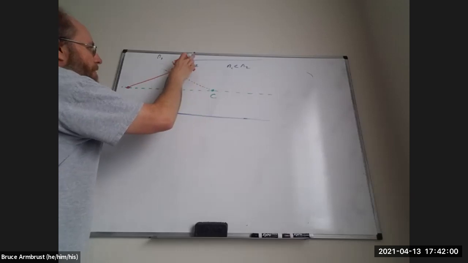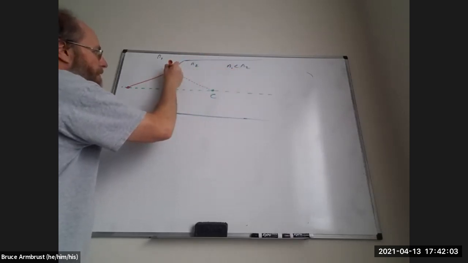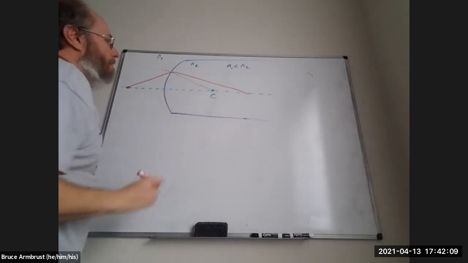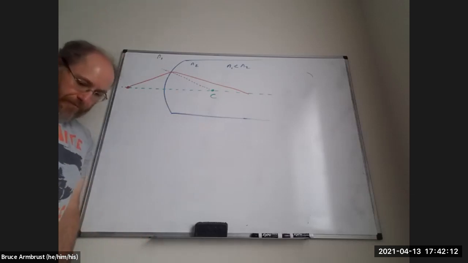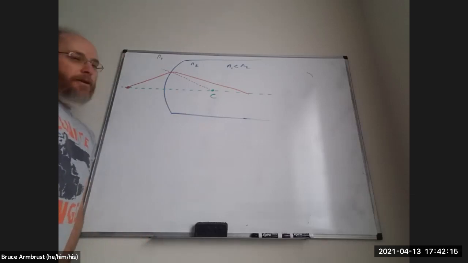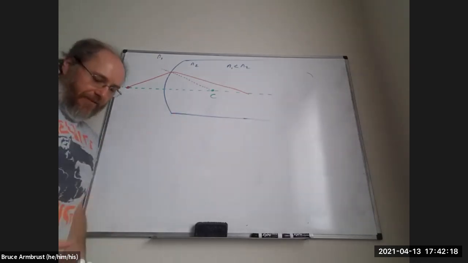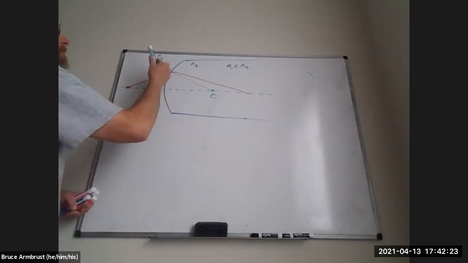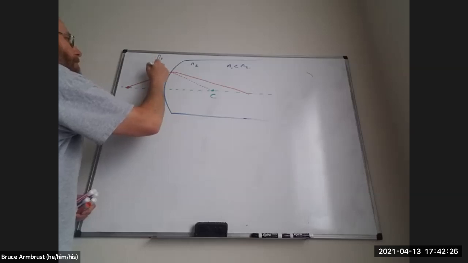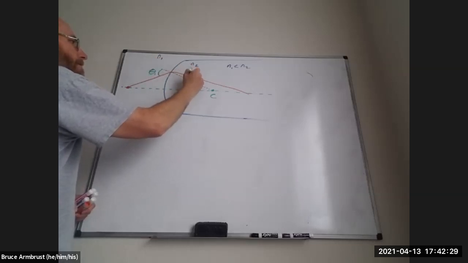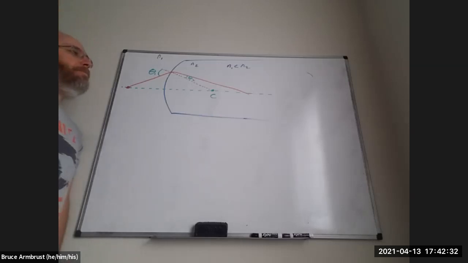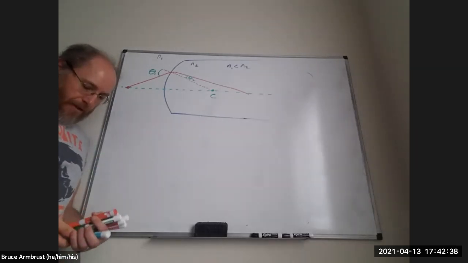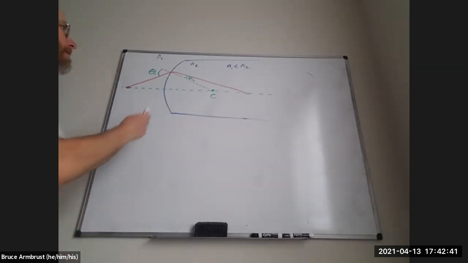Again, I need a little more space. Hold on. That still looks like it bends towards. All right, so here's everything. So let's start labeling stuff. So this angle right here is going to be theta 1, and this angle is going to be theta 2. That's standard, right, from refraction. Now I'm going to throw some other angle names.